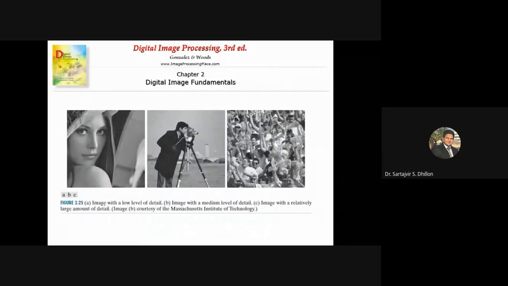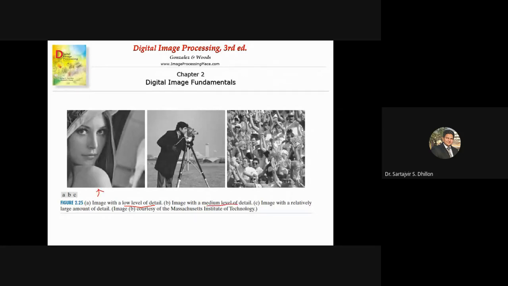In our next topic, we are talking about images. Three images have been acquired. The first image has a low level of details.